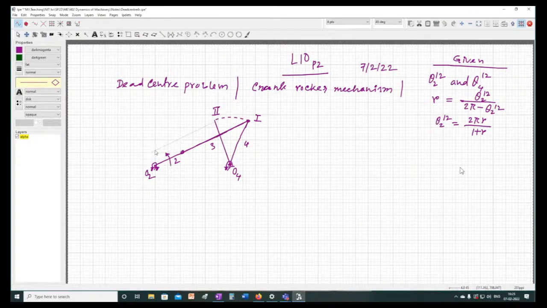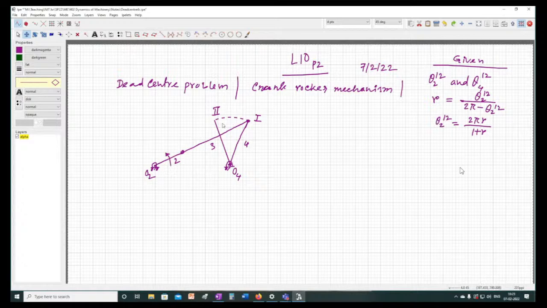So not a good idea of this. We cannot have this with these dimensions. Actually, we cannot complete this. I cannot show you.